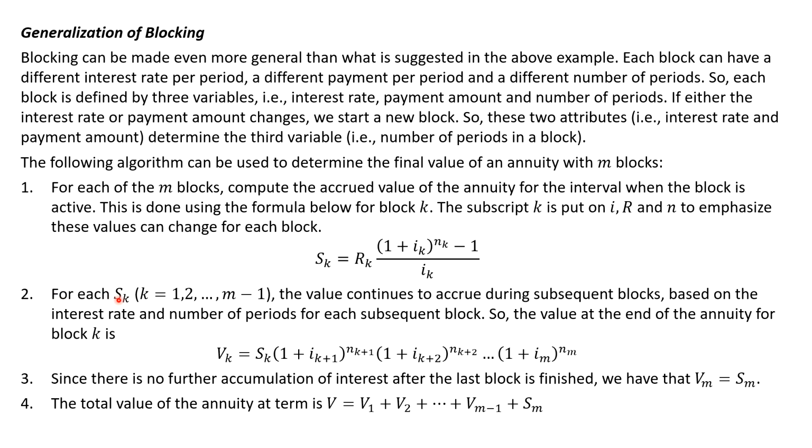So for each S sub k, the value continues to accrue during subsequent blocks, not previous blocks, but subsequent blocks, based on the interest rate and number of periods for each subsequent block. So the value at the end of the annuity for block K is given by this formula here.